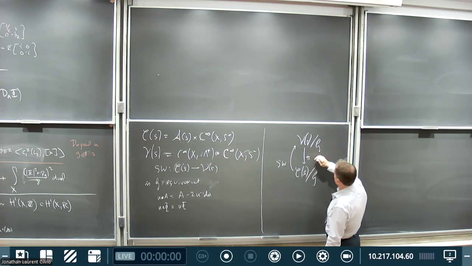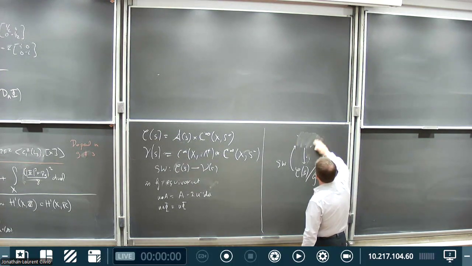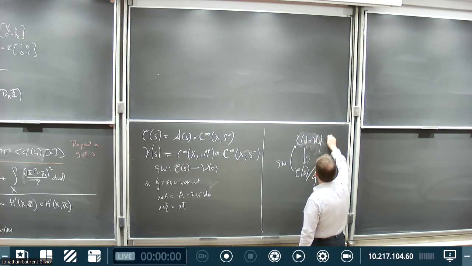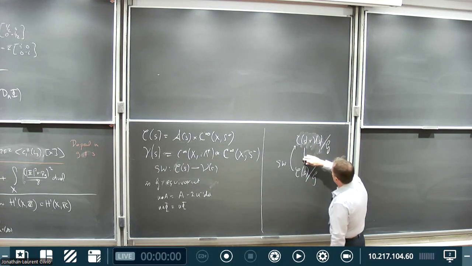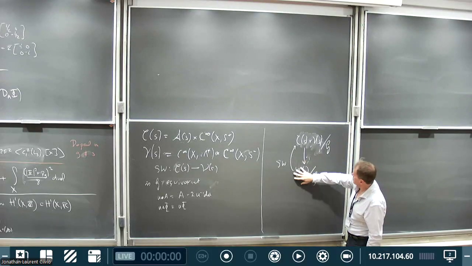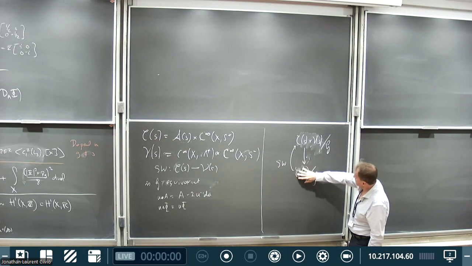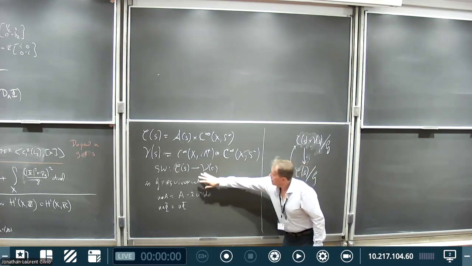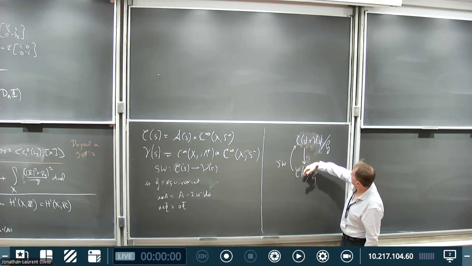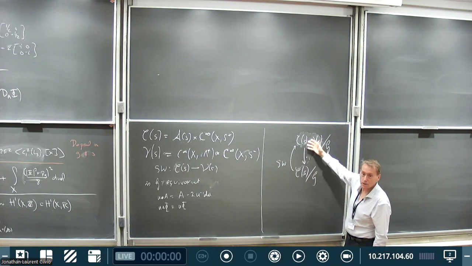if I take the quotient of the Seiberg-Witten configuration space by the action of the gauge group, I can think of the Seiberg-Witten map, the Seiberg-Witten operator, as a section of a vector bundle.